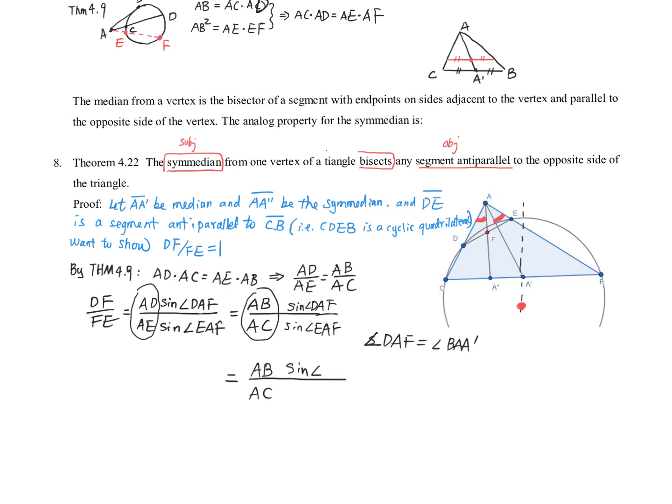That's the reason: as AA prime is the symmedian of AA double prime. So therefore I'll do the substitution here, BAA prime. And also EAF is equal to angle CAA prime.